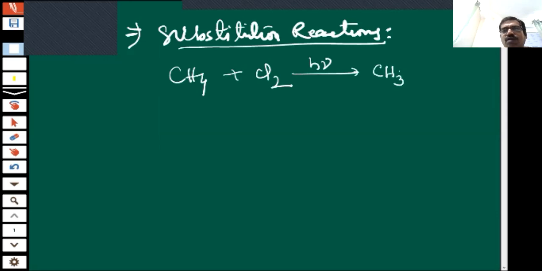So we used to get methyl chloride and hydrogen chloride like this. Okay, children, so this is known as chlorination. It is the mechanism, free radical substitution reaction.